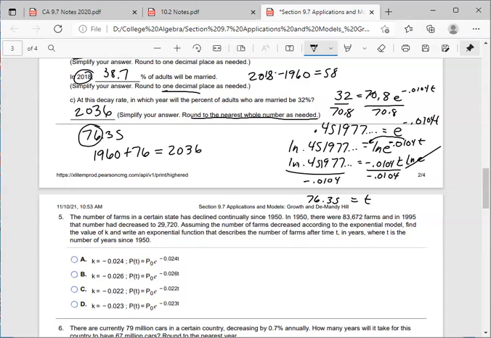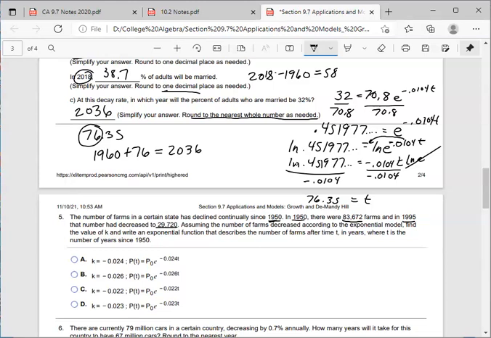The number of farms in a certain state has declined continually since 1950. In 1950, there were 83,672 farms. In 1995, that number had decreased to 29,720.